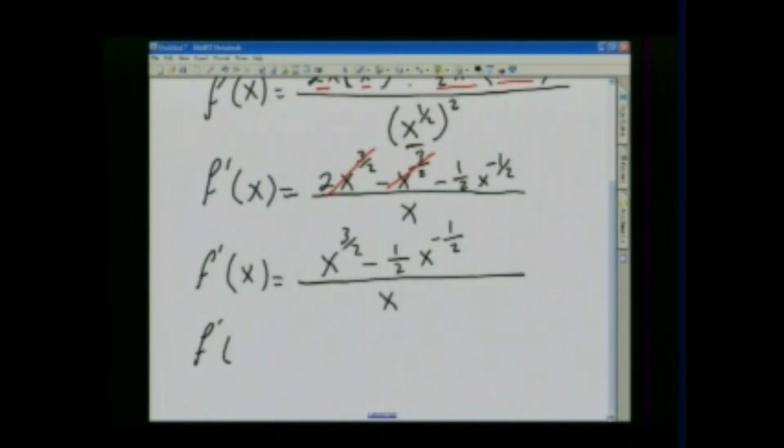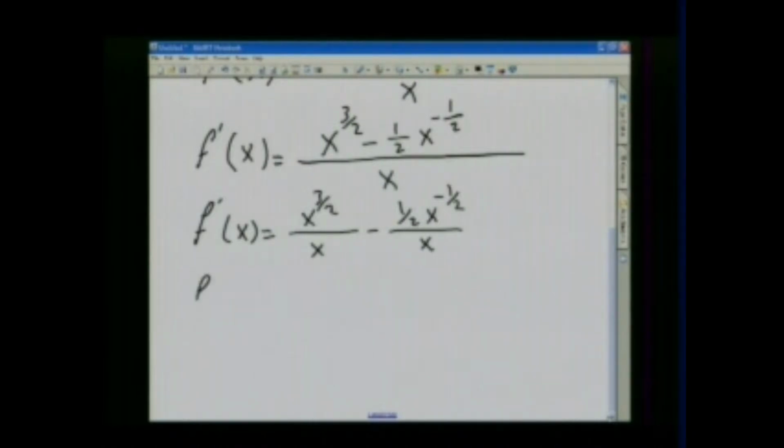F prime of x equal to, I can separate this as x to the 3/2 divided by x minus 1/2 x to the minus 1/2 divided by x.